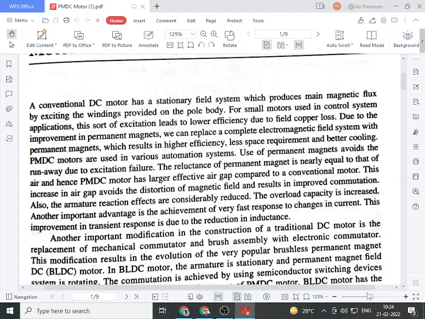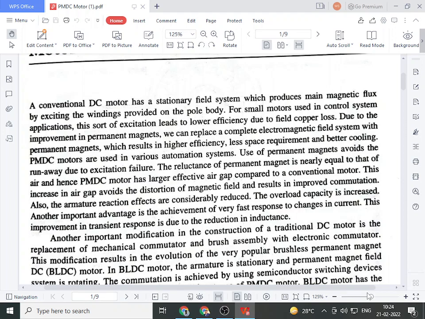As the total losses increase, the working efficiency of the motor decreases. That is one important disadvantage of the conventional DC motor. The second important disadvantage is that whenever the field system carries current, a certain amount of heat is generated inside the field winding, and it is necessary to cool that field winding when it is subjected to continuous working mode or carries current continuously.